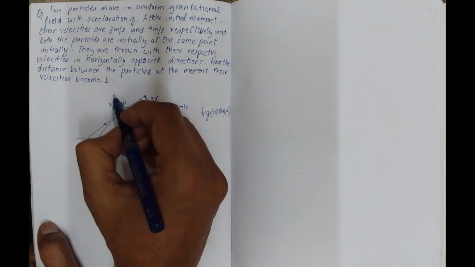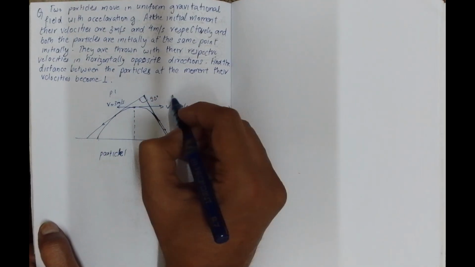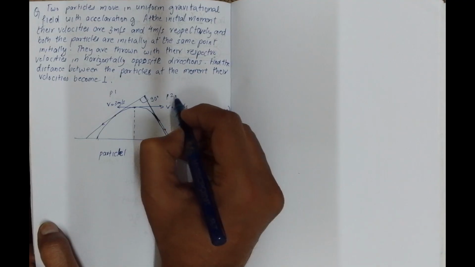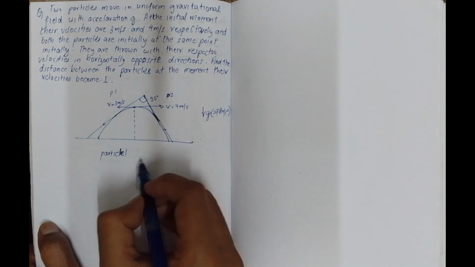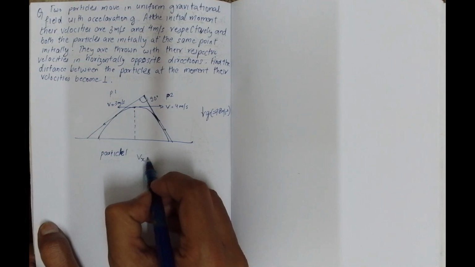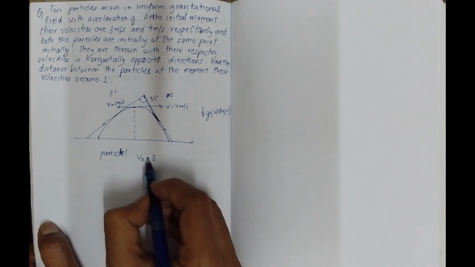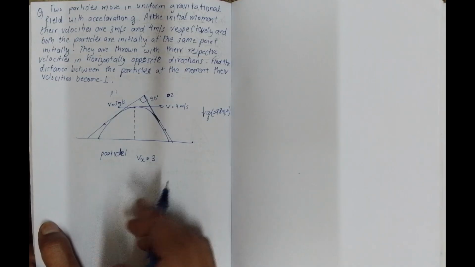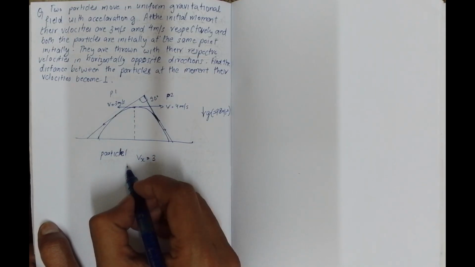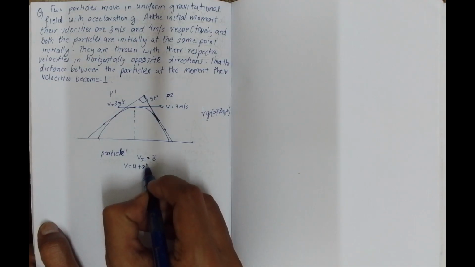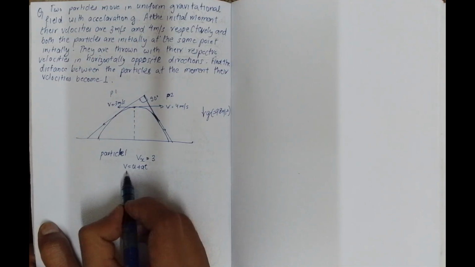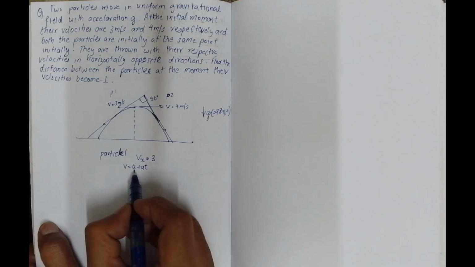Suppose this is particle 1, so we call it P1, and this is particle 2, we call it P2. For particle 1, the horizontal component is always 3. What is the vertical component? We can use the equation v equals u plus at for finding the vertical component, where all these components are in the vertical direction.